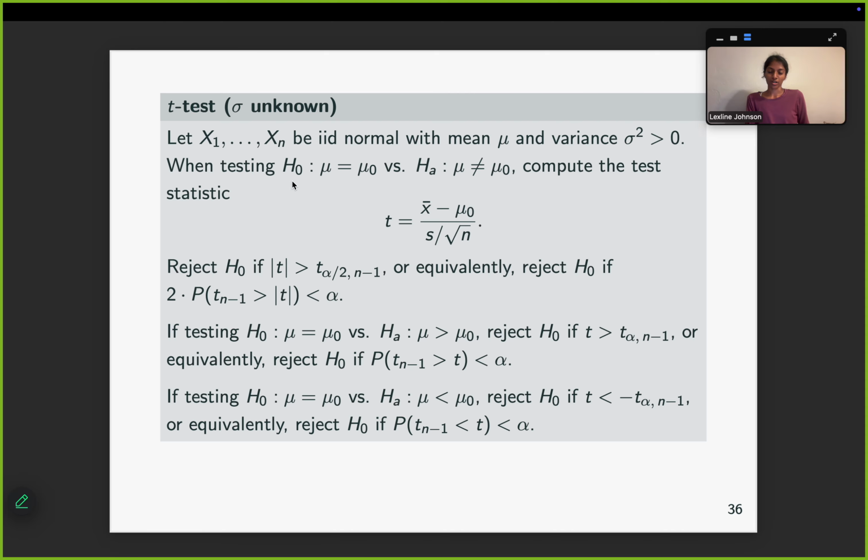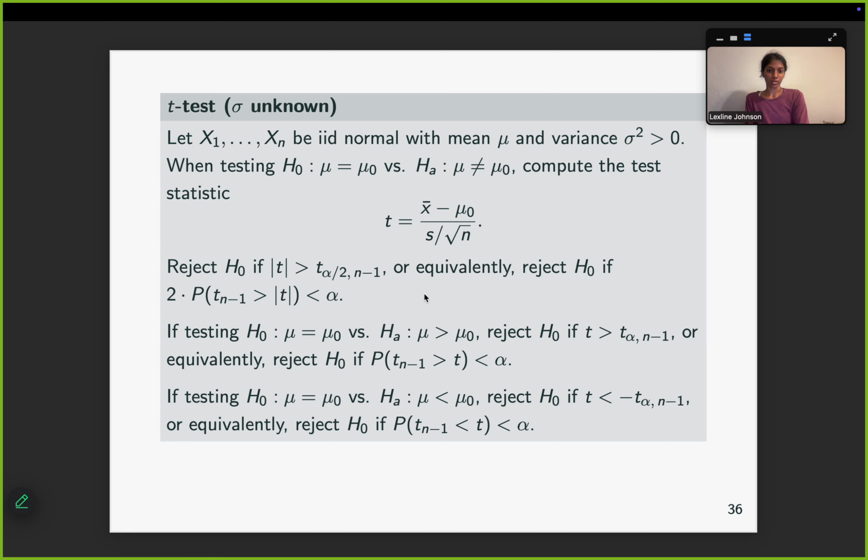And so we reject our null hypothesis if the absolute value of t is greater than t alpha divided by 2, with degrees of freedom n minus 1.